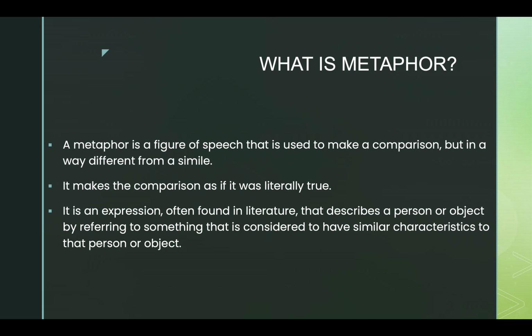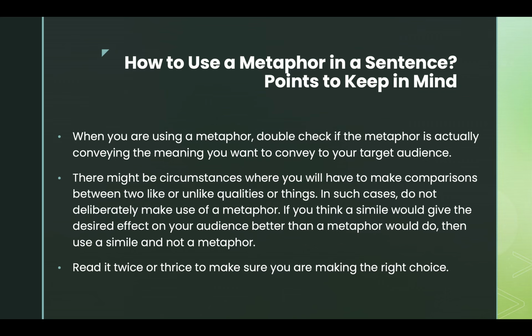Again, when you're comparing, you have to ensure that there is some sort of similarity or connection between the two things that you're comparing, right? Some things that you want to keep in mind when you're using metaphors in a sentence: you want to ensure that the meaning and the comparison that you want to make is actually being conveyed.